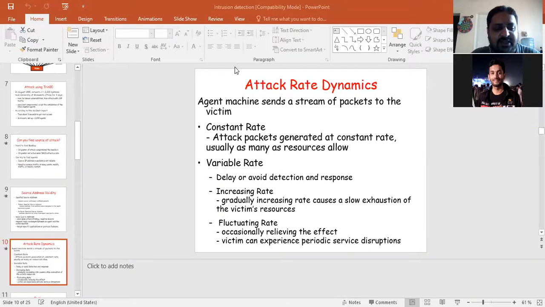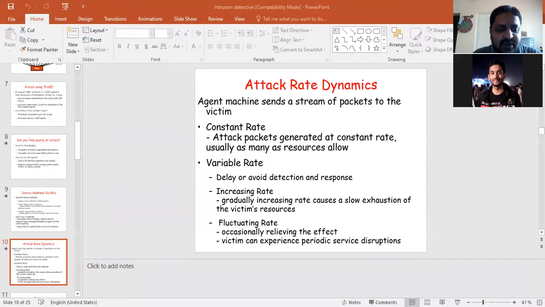He can fluctuate between different rates and different variations of the type of attack. It can damage more or damage less. It can apply more attacks or fewer attacks. Such variations can be used by the attacker to attack the system.